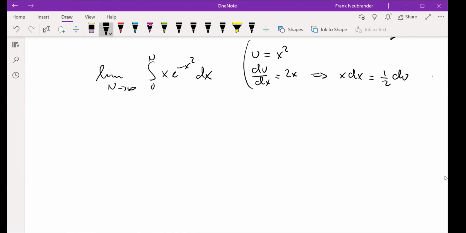So if I take this as the u substitution, then I get the limit as n goes to infinity. If x goes from 0 to n, then u goes from 0 to n squared. x dx is 1/2 du, and e to the minus x squared is e to the minus u.